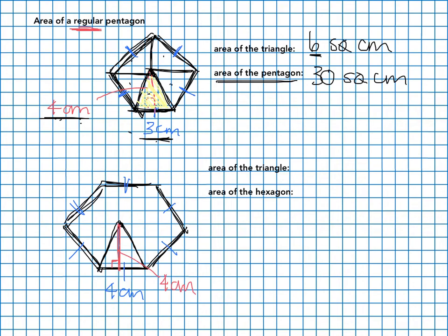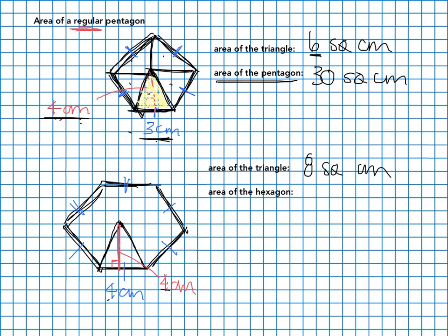Now, using this knowledge here, can we find the area of this triangle? Well, to find the area of the triangle, we're going to take 1/2 base times height. So we're going to take 4 times 4 and divide it by 2. 4 times 4 is 16 divided by 2. We're going to get 8 square centimeters.